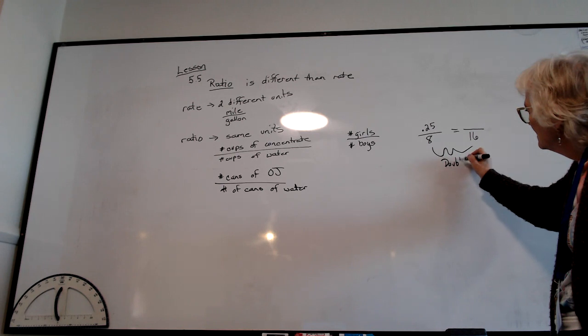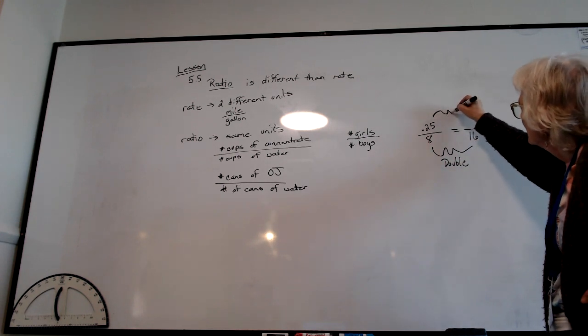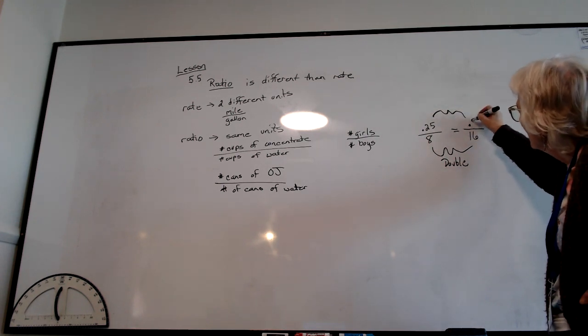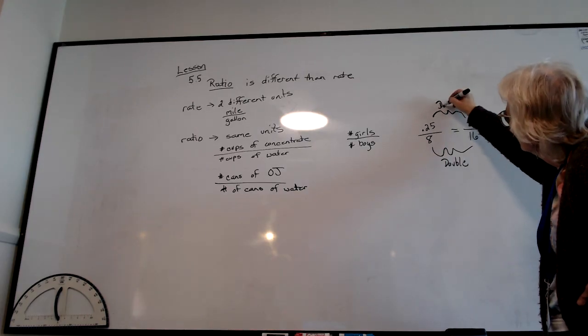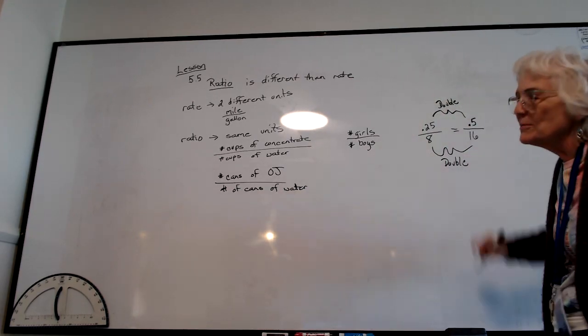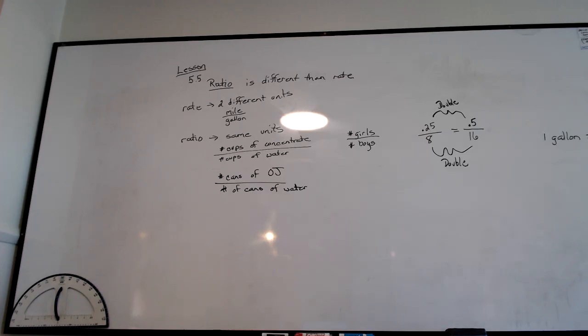So you're gonna put 0.5. You double this one. A quarter plus a quarter is a half, which is 0.5. Or you could do 0.25 times 16 divided by 8. You could. But that's a long way. That's the long way on ones like this, okay?